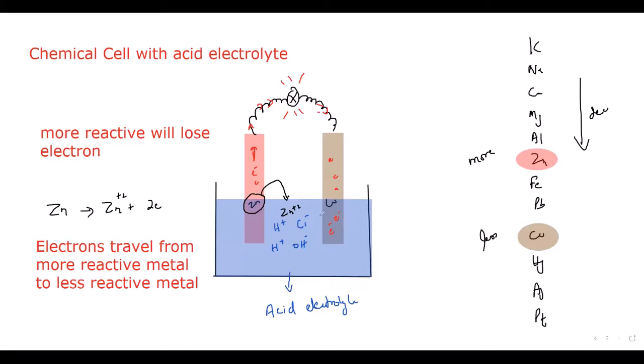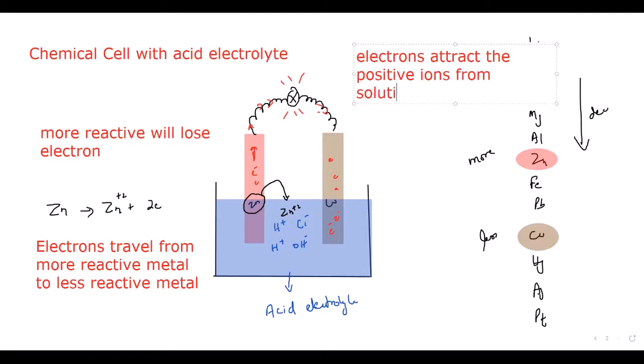Now the electrons are negative, so they will attract the positive ions from the solution, and the positive ion which is less reactive is able to discharge easily.